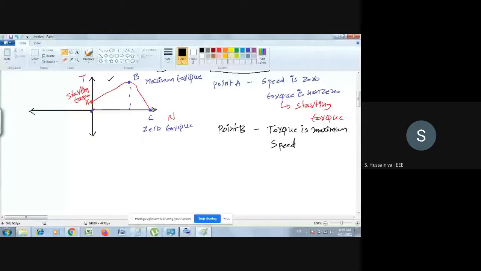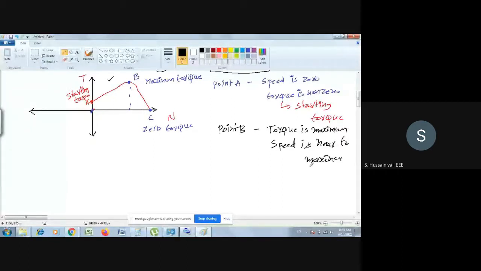Okay, so torque is maximum at B. Where is the speed now? You see yourself, where is point B? This point B is near to C, whereas point A is far. So we can say speed is near to maximum.